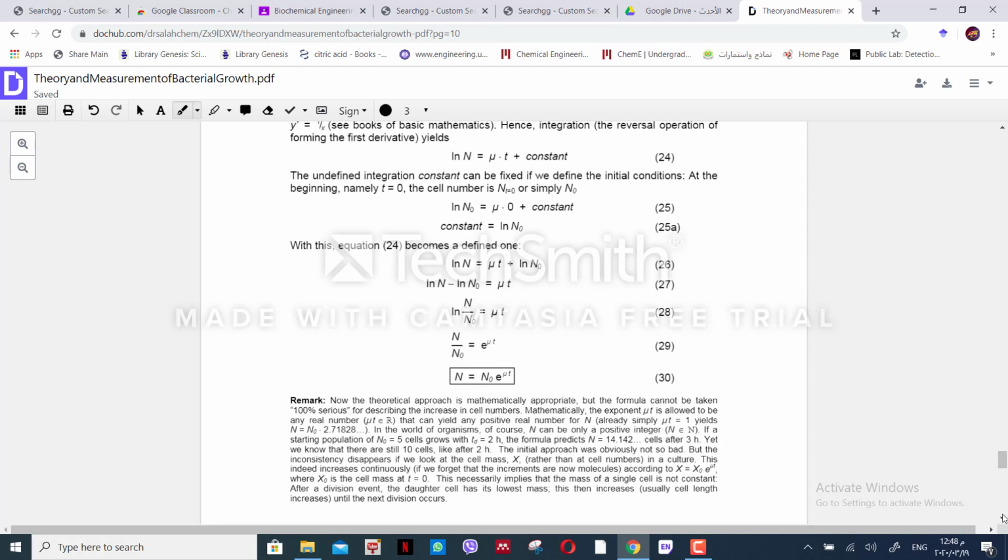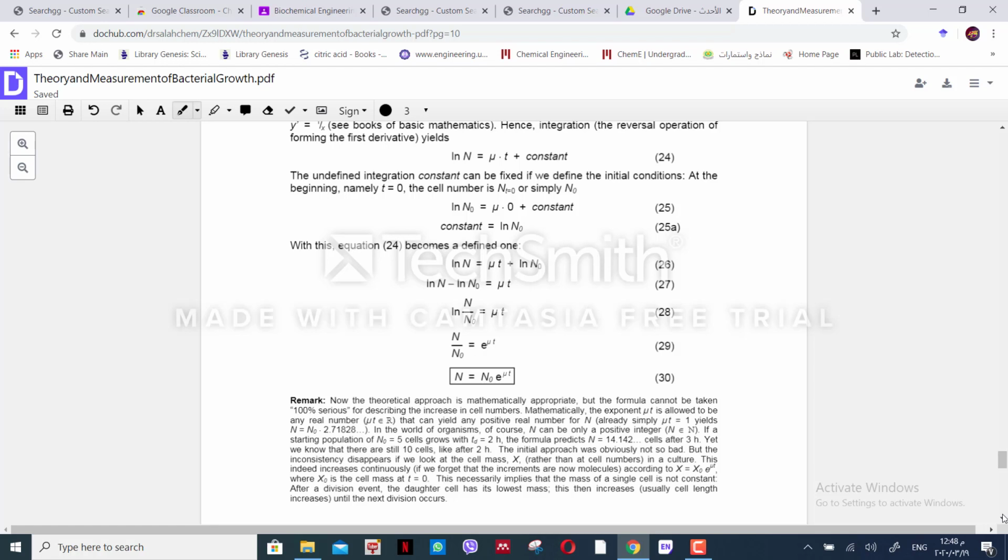At initial condition, at time 0, n is no more than n naught, so ln n naught equals the constant, so the equation becomes ln n equal mu t plus ln n naught, so ln n minus ln n naught equal to mu t.